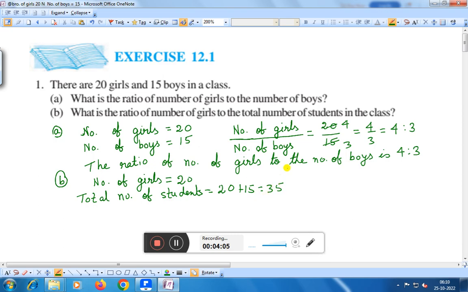Right? Therefore, we'll find the ratio of number of girls to the total number of students.